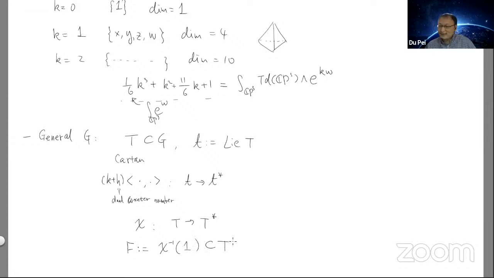And this is a discrete set inside capital T. And then you can let your V be functions on the regular part of F quotient by the Weyl group W. So W acts on T, and this map chi is also equivariant with respect to W, and 1 is a fixed point of W. So you will have the action of the Weyl group on F.